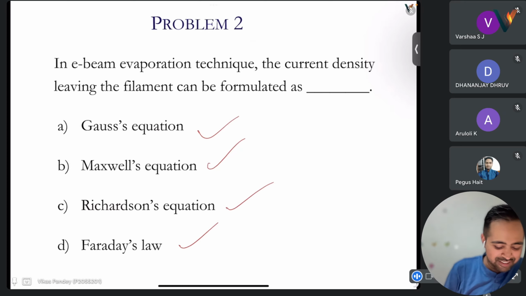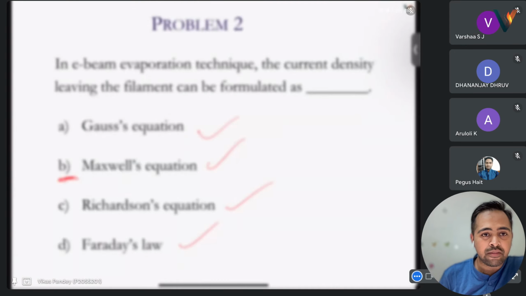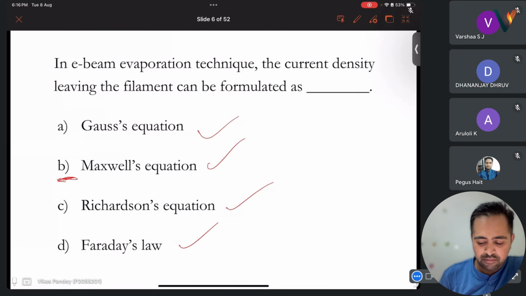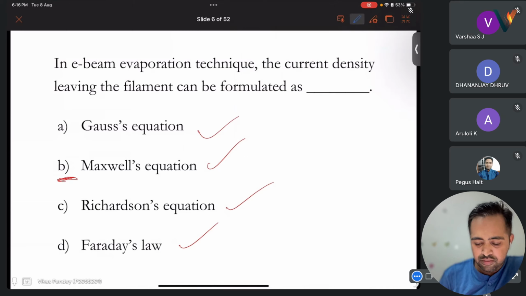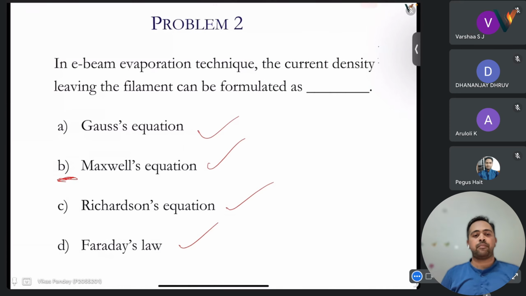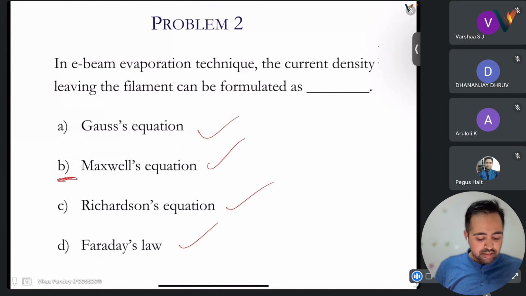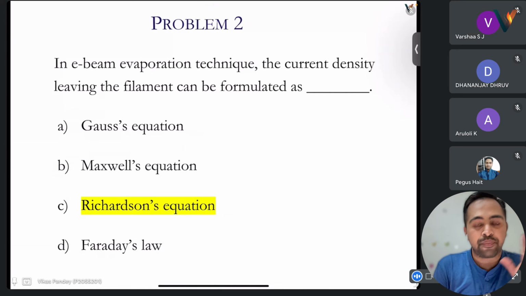Okay. Anyone else would like to add? Okay. The correct answer is Richardson's equation.